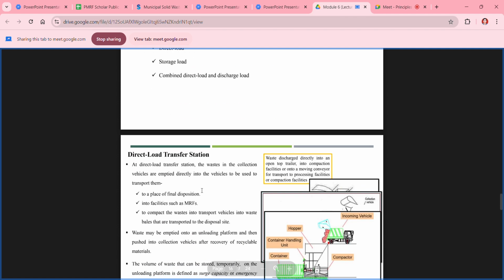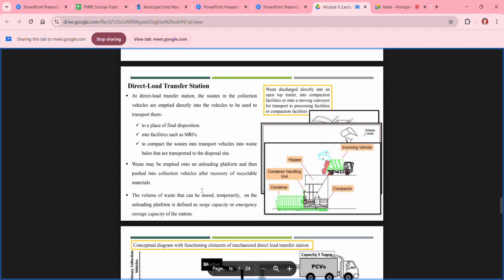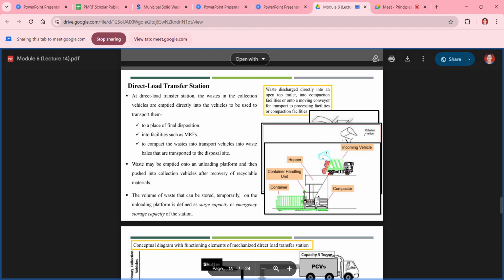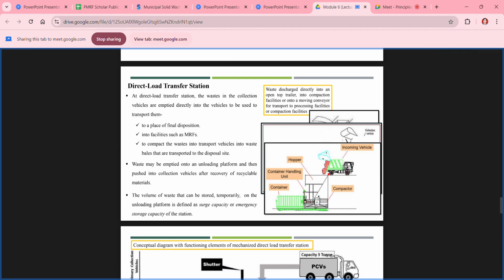In the direct load type, one truck comes, a haul container truck, and directly puts all the municipal waste into a hopper, which is connected with the compactor. The compactor compacts this waste up to 50 to 60%, and we have provided a container here.